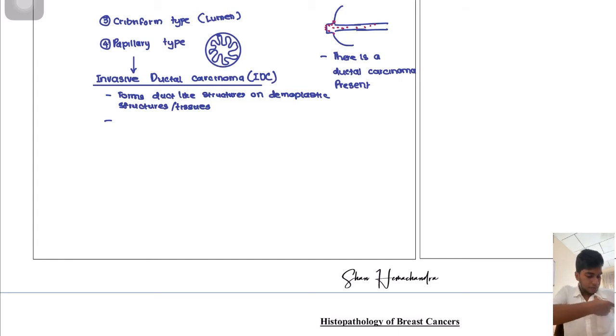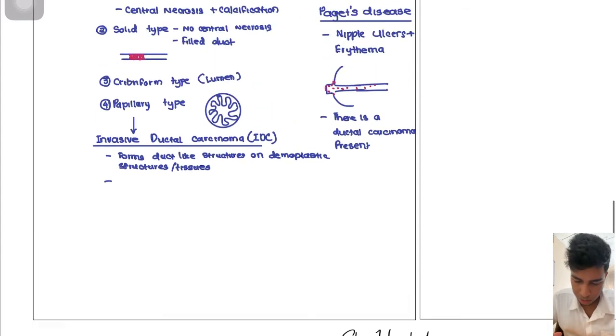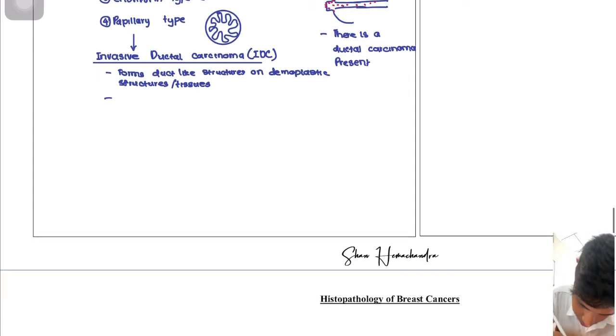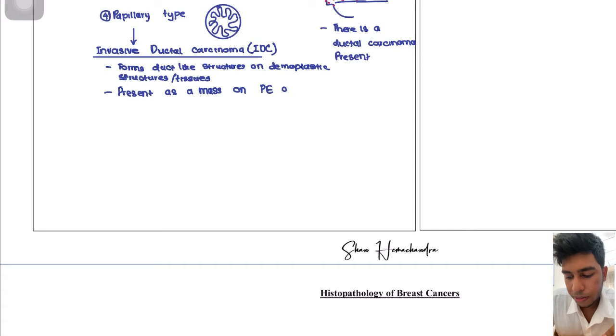Okay, so you do the physical examination, you do the 4 quadrants like this, you do a physical examination and you find a lump. Okay, that lump is usually found in cases of either benign masses or in cases of invasive ductal carcinoma. Present as a mass on physical examination or mammography.